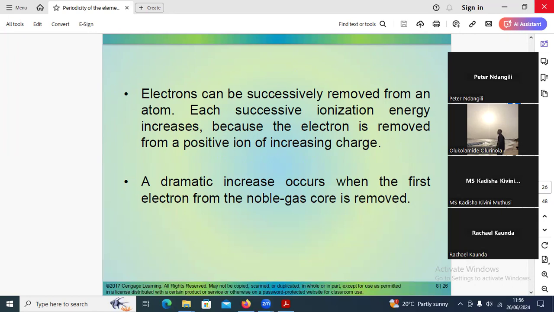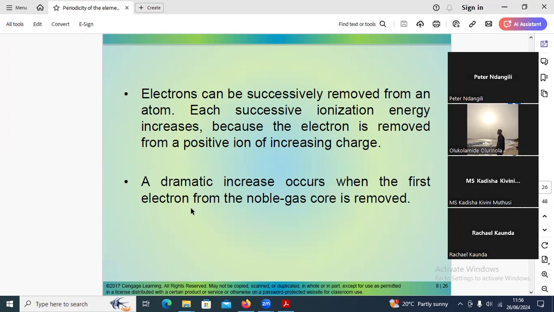And therefore, for you to remove the second electron, a higher energy is going to be required. Similarly, for you to remove a third electron, an even higher energy is going to be required. Therefore, the successive ionization energies increase as you remove the successive electrons.